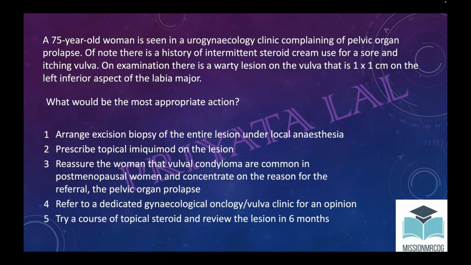The options: arrange excision biopsy under local anesthesia, prescribe topical imiquimod, reassure the woman that condyloma are common in postmenopausal women, concentrate on the reason for referral for pelvic organ prolapse, refer to dedicated oncology vulval clinic, or try a course of topical steroid and review the lesion in 6 months. It's 5, ma'am. Try a course of topical steroid and review the lesion, because she was using steroid on and off.